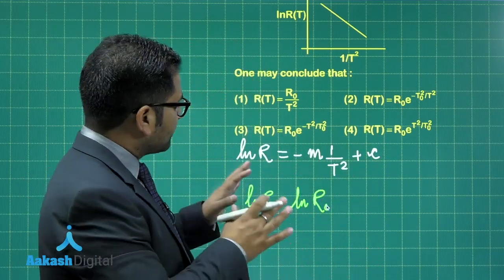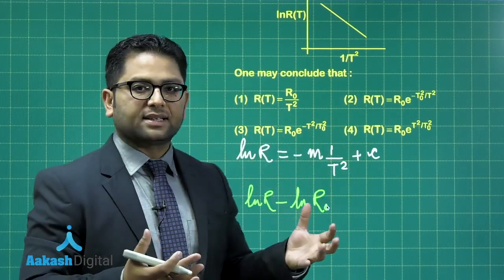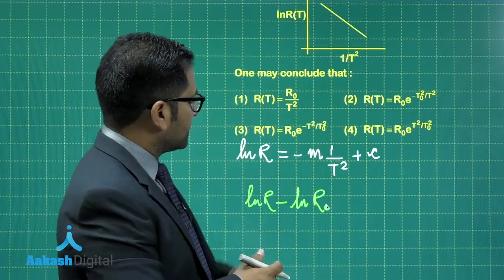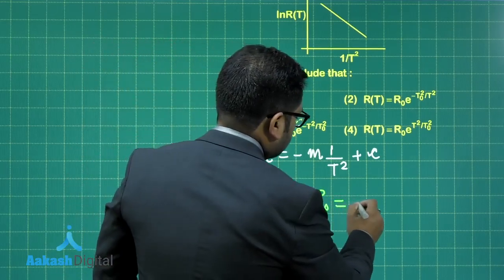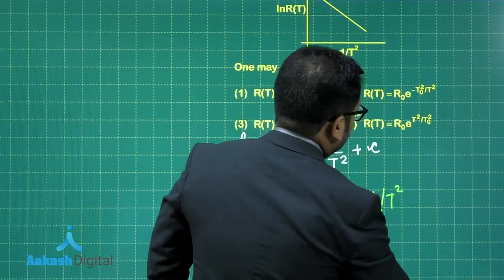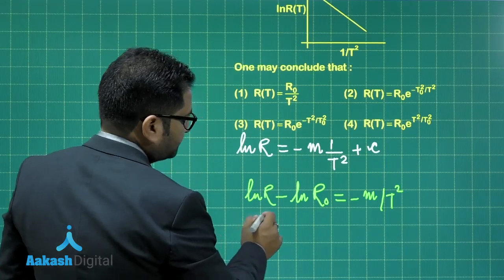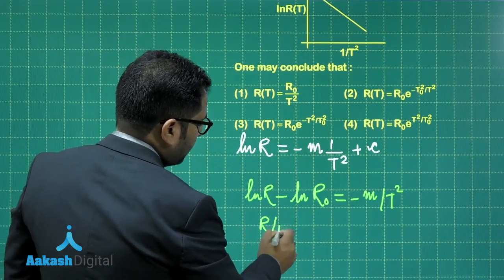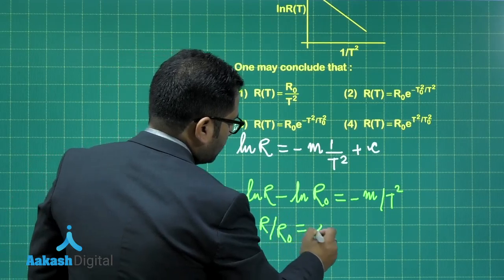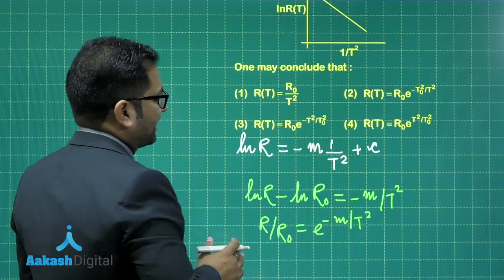As I say, just by seeing the options, I am trying to customize and eventually reach the given format: equals minus m by T square. A further bit of craftsmanship is required, and that is going to be R by R naught will be e raised to the power minus m by T square, and m is also a constant.